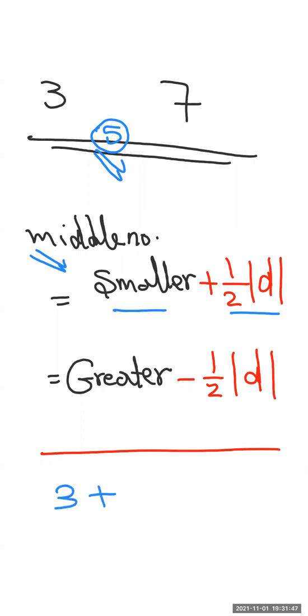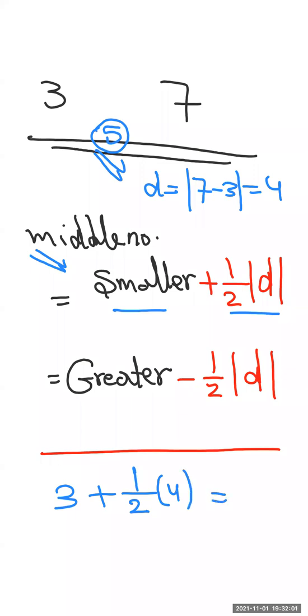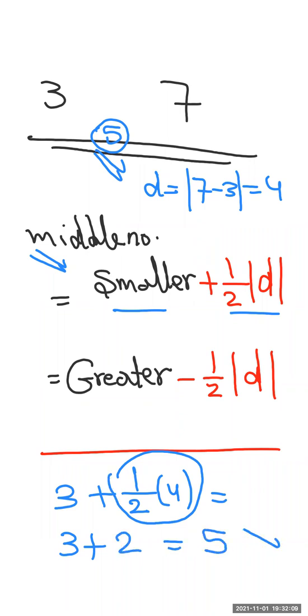Plus half the absolute value of the distance. Distance equals what? 7 minus 3, which equals 4. And don't forget to write down the absolute value. So half times 4. So now it will equal 3 plus half times 4, meaning 4 over 2, which means 2. So 3 plus 2 equals 5. So we are correct, right?